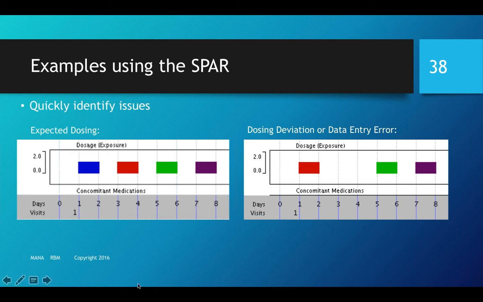In this example, it wasn't a deviation, but the data entry person had entered the wrong date for the dose. I was quickly able to remedy that. So as you can see, the SPAR really allows you to quickly identify issues.